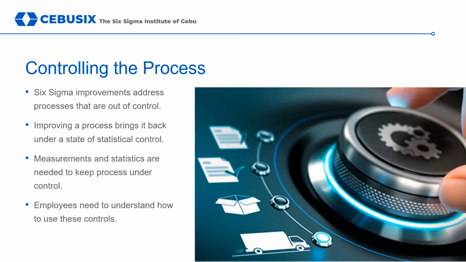Only after improvements are implemented can we use measurements, statistics, and other Six Sigma tools to ensure that the process remains in control. It is a crucial part of any continuous improvement method that we ensure that controls are put in place and that the employees who manage and operate the process on a regular basis know how to use these controls.